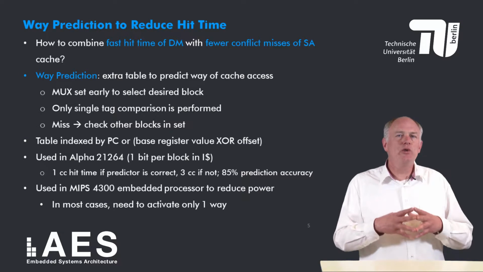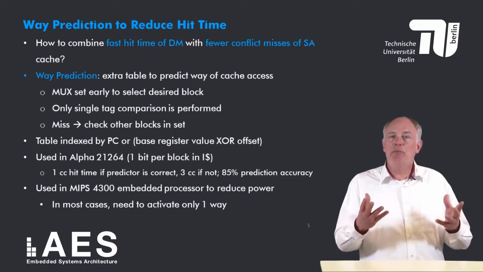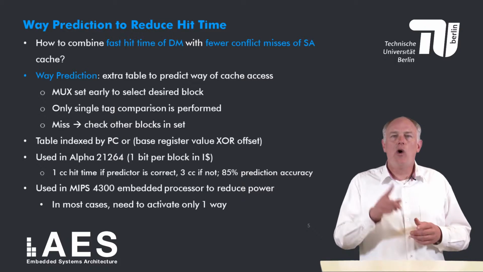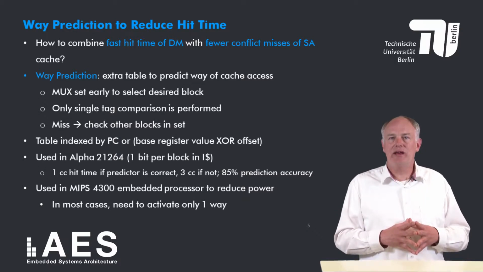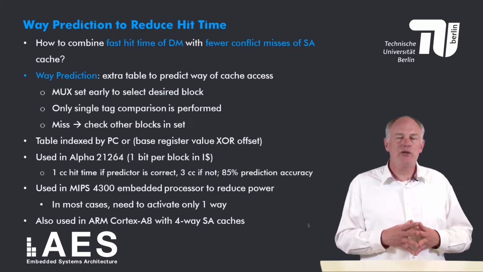It was also used in the MIPS 4300 embedded processor to reduce the power consumption. Way prediction reduces the power consumption because in most cases only one way needs to be activated. Way prediction is also used in the ARM Cortex-A8 with 4-way set associative caches.